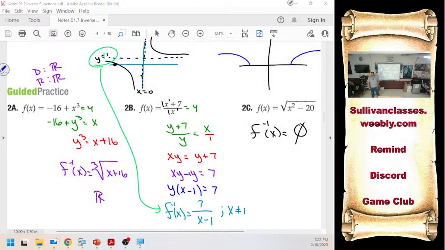That's so weird. This one looks like some guy going, huh? Okay. Now, I could have seen that, known that it fails a horizontal line test, and just said, nope, doesn't exist, done. But I want you to see what happens when you go all the way to the end zone.